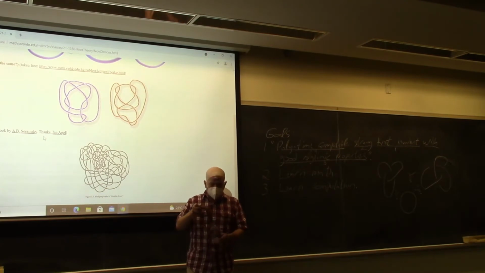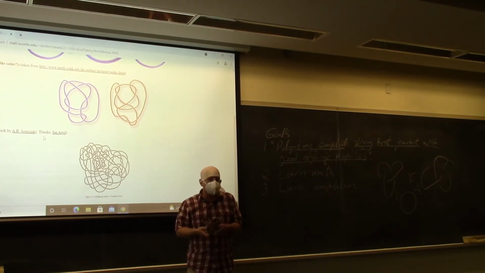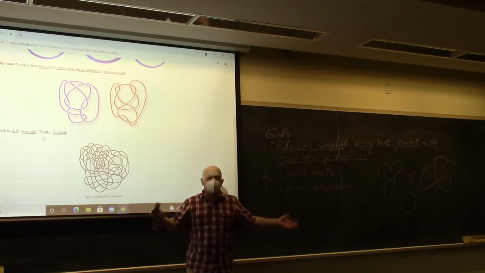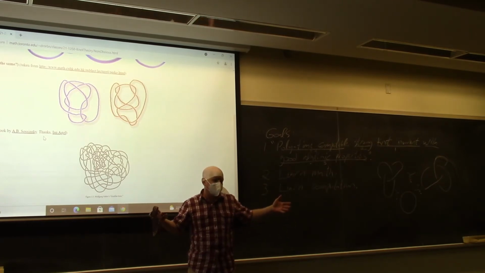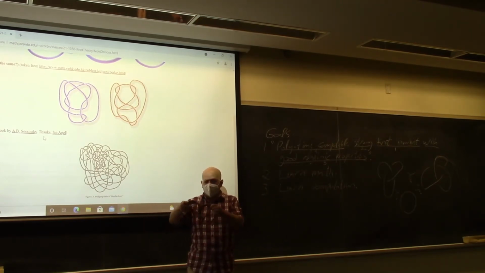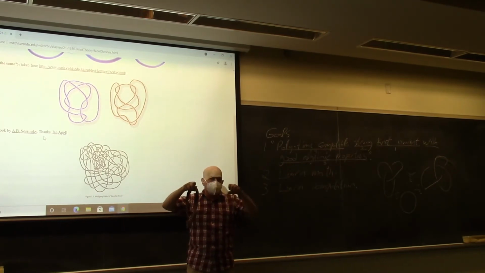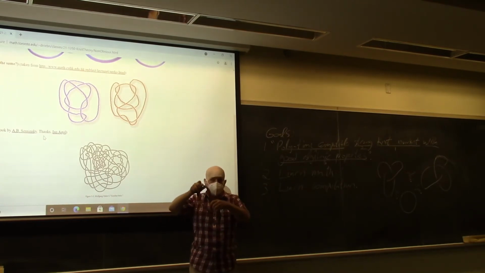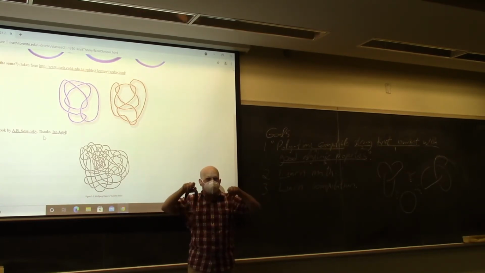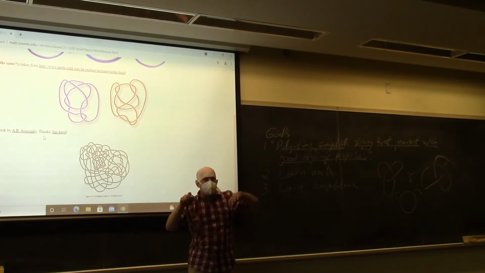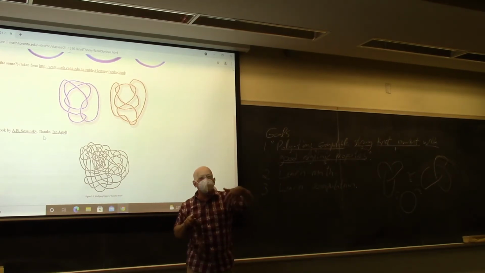So you look at a standard three-dimensional manifold, such as R3 or S3, the space in which we live. You put a knot inside it, you remove a neighborhood of the knot, so you've removed a solid torus from the space, and then you glue it back in a different way.